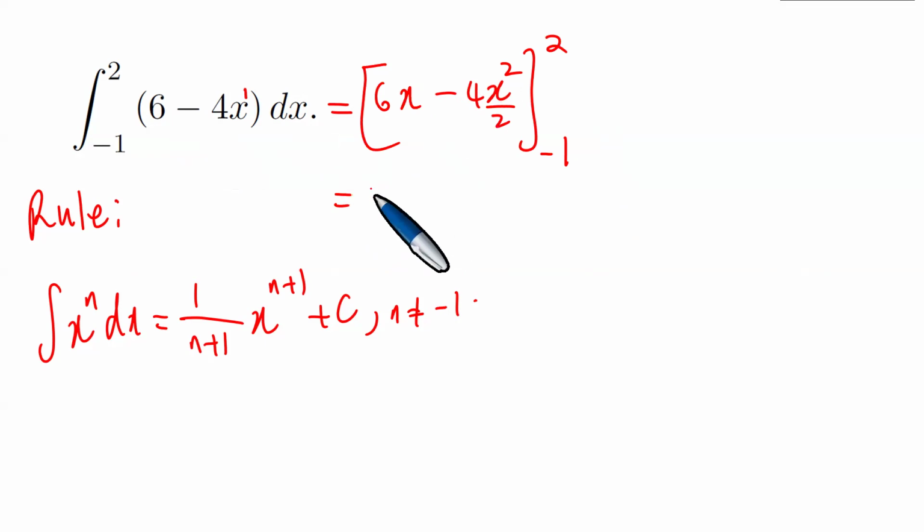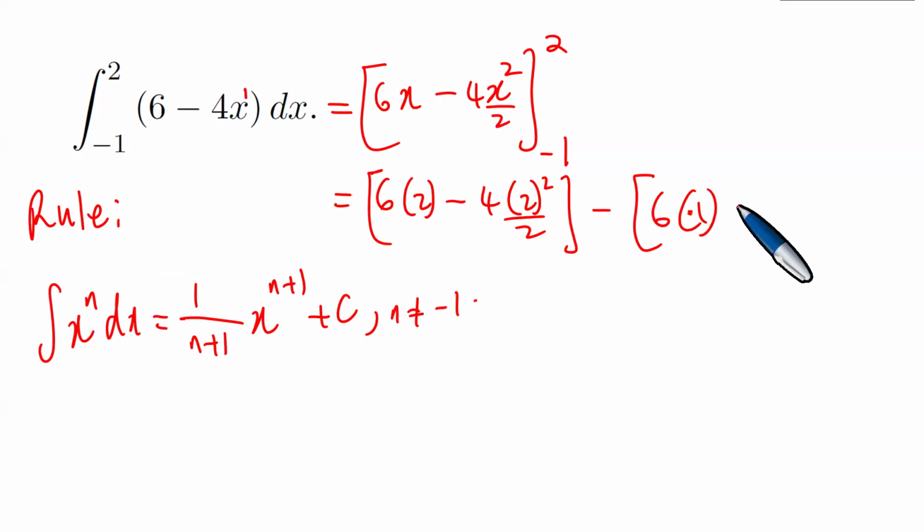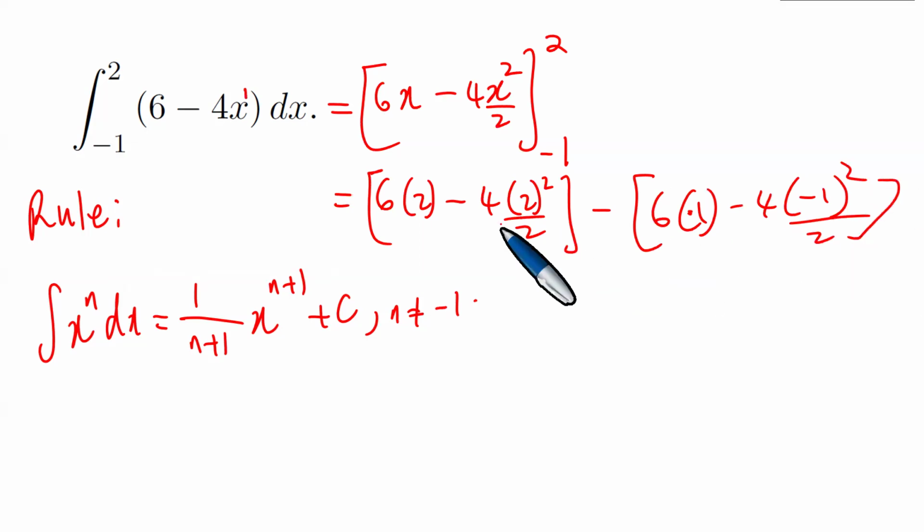We substitute the limits of integration, getting 6 times 2 minus 4 times 2 squared over 2, and we can put this in parentheses, minus the 6 times minus 1 minus 4 times minus 1 squared over 2.